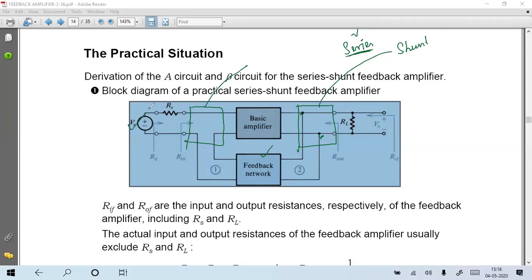That is why a sample of the voltage is given as input to the feedback network. So output is voltage and input is voltage, so we can say it is a voltage amplifier.